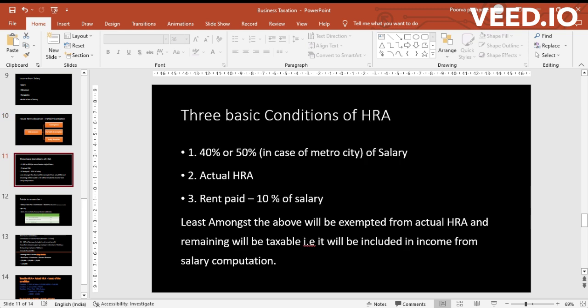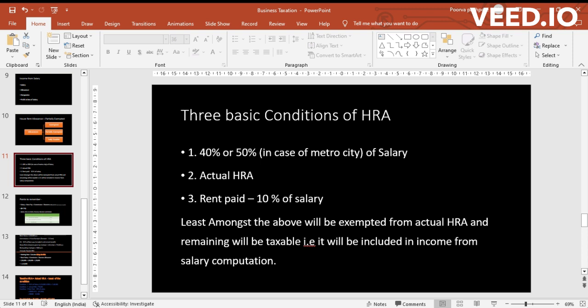Today, we are going to see house rent allowance. House rent allowance is partially exempted, and for exemption, we have to see the basic conditions. There are three basic conditions which we are going to remember today.